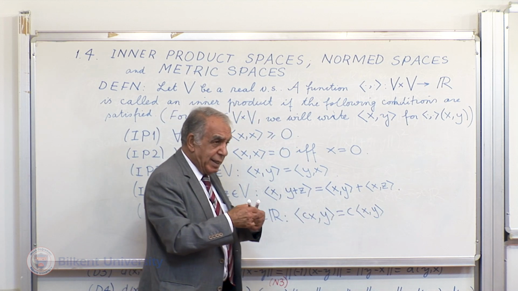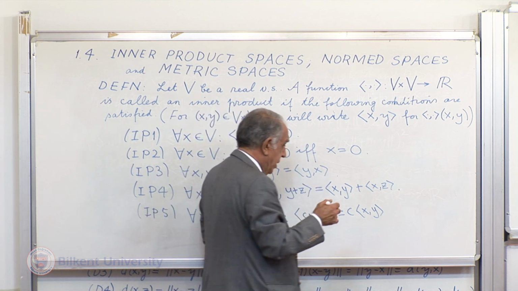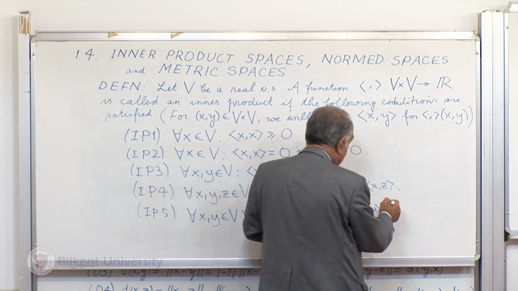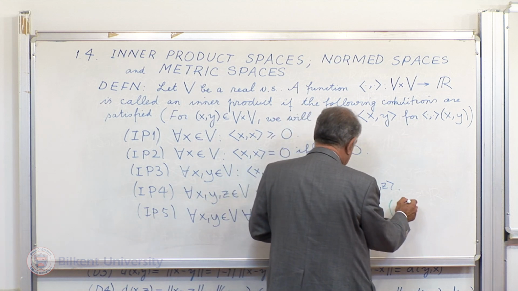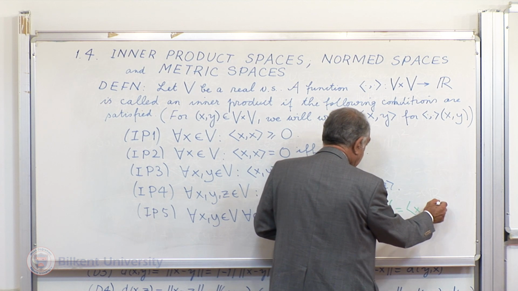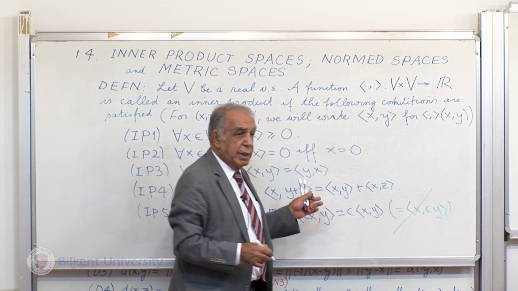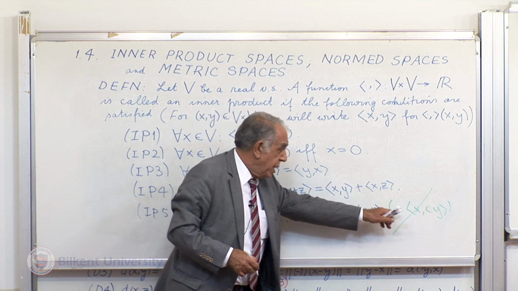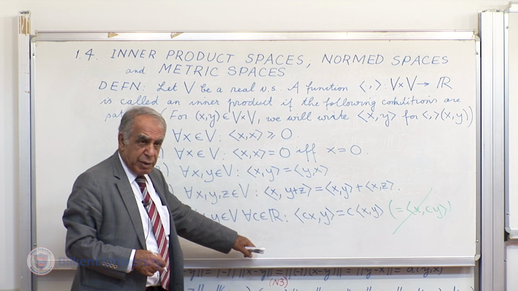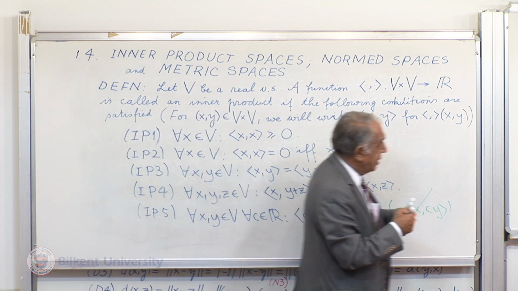Now we had something further in our previous thing, that you had that this is equal to x, Cy. Now we will not include this into the definition because this equality will follow from what we have assumed in here. Now let's check that, let's see that.